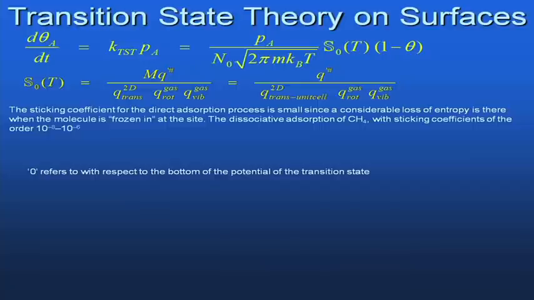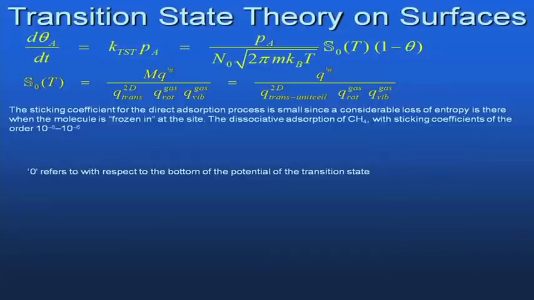Once it gets a site, it remains over there for time. So it is frozen, it will not move anything. It has the option to just move along the reaction coordinate. Example is the dissociative adsorption of methane, which has a sticking coefficient of the order of 10 to the power minus 8 to 10 to the power minus 6. It is a very small quantity.